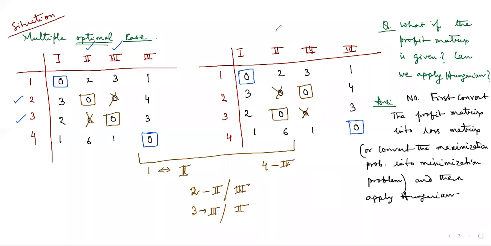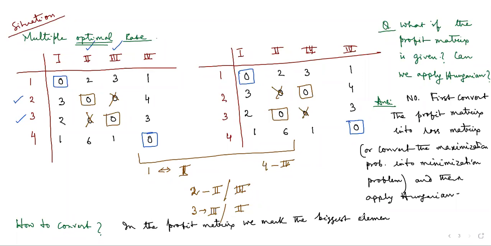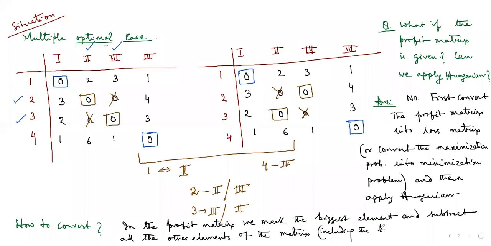And how to convert this matrix? In this case, in the profit matrix, we mark the biggest element and subtract all the other elements of the matrix, including the biggest one, from the biggest one.